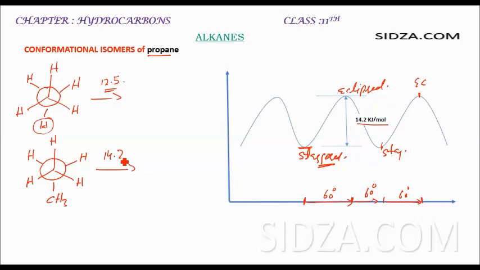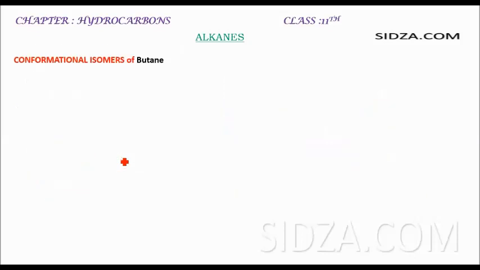Now let's discuss the conformational isomers of butane. For butane, we know that we have the formula CH3, CH2, CH2 and CH3.